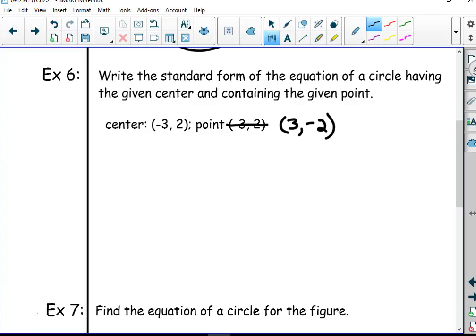If our center is at -3, 2, and we know that the point 3, -2 is somewhere on the outside of the circle, that is a line, that's a radius. So we're going to use the distance formula. And I'm going to avoid writing the formula because I've done it so many times I kind of have it memorized.